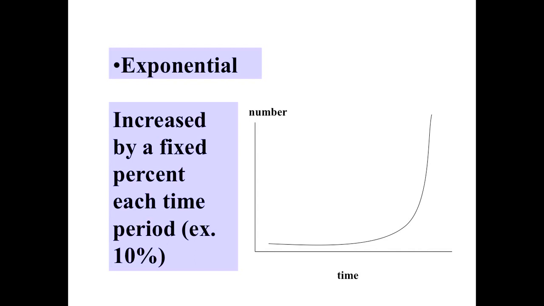Now for the next year, we're going to add 10% of 1,100, so we actually have to add 110 individuals. So then we end up with 1,210 individuals. The next year, we're going to add 121 individuals. So you can see that every year we're adding more and more individuals to the population. So the population might start off growing relatively slowly, but then as the population gets bigger, it grows really, really quickly.